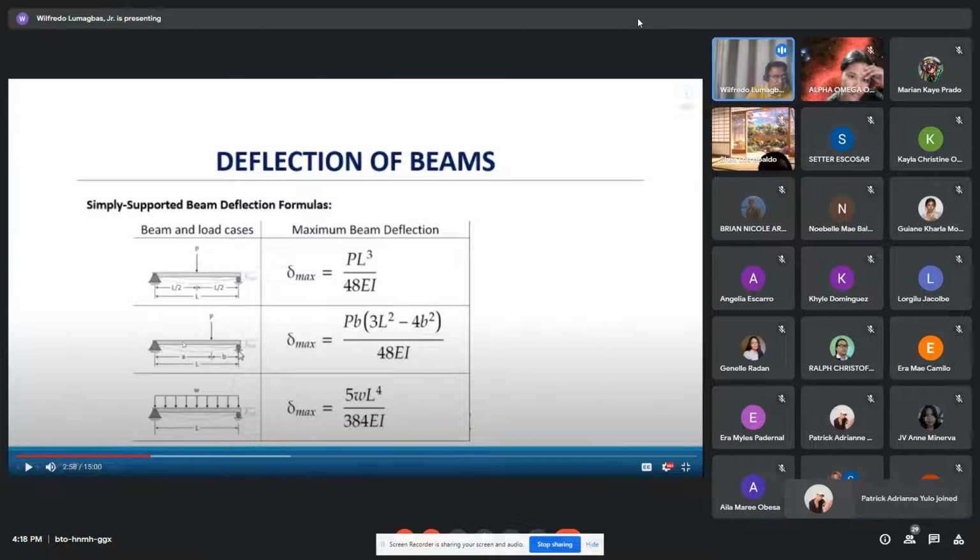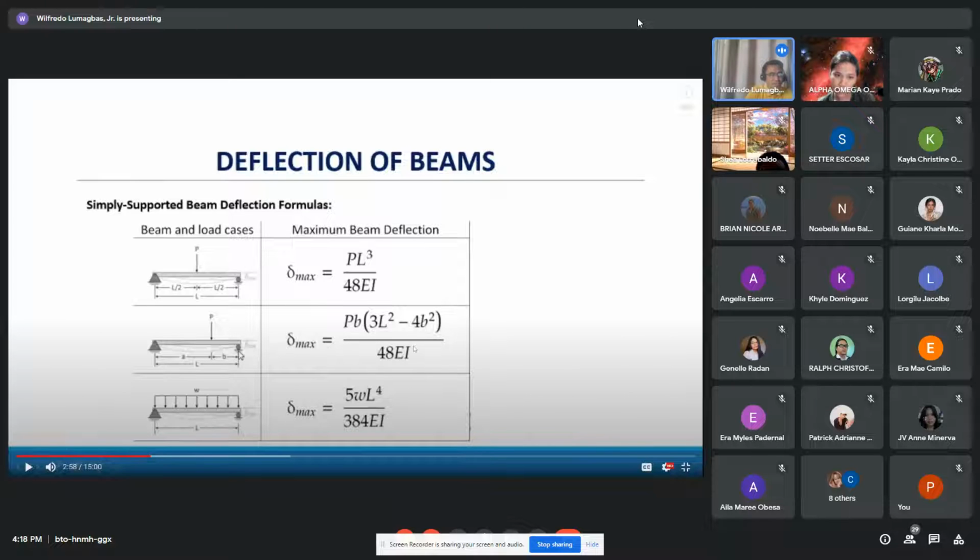Kung ang P within sa aton nga distance length L and natupa ang P sa midspan, ang aton nga value sang A is equal to B. So kung i-change ta na ang A is equal to B, matabo ang aton A is 1/2 of the length. Ang aton B is also 1/2 of the length.